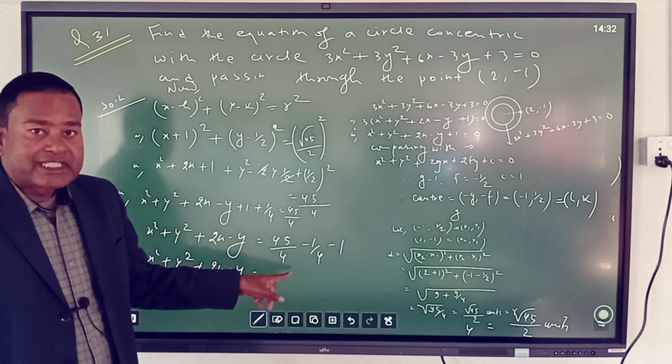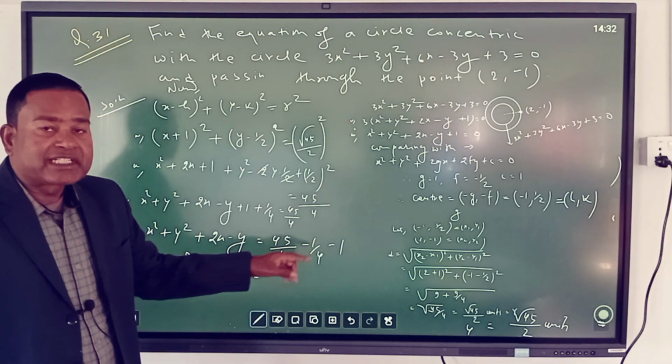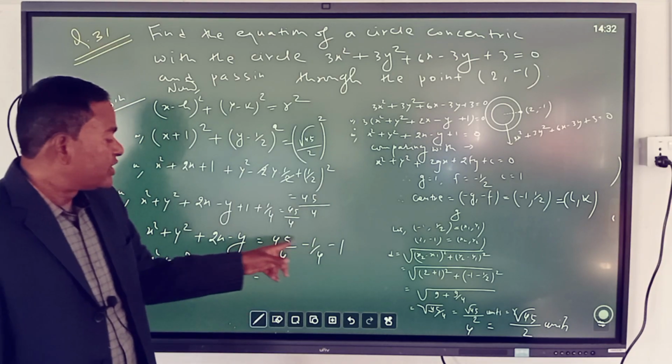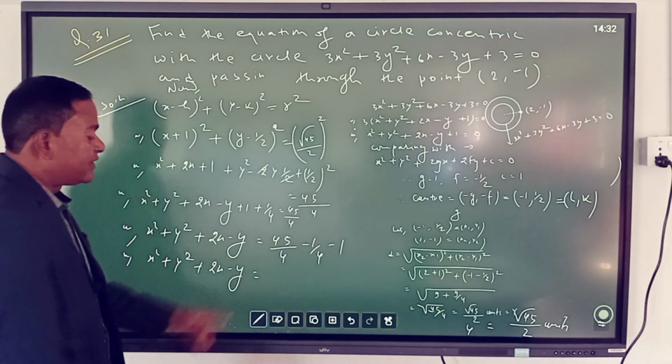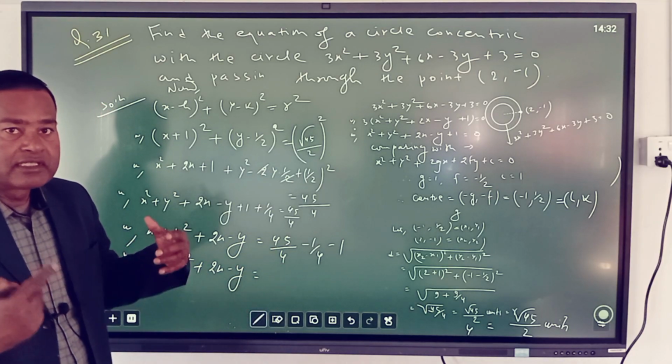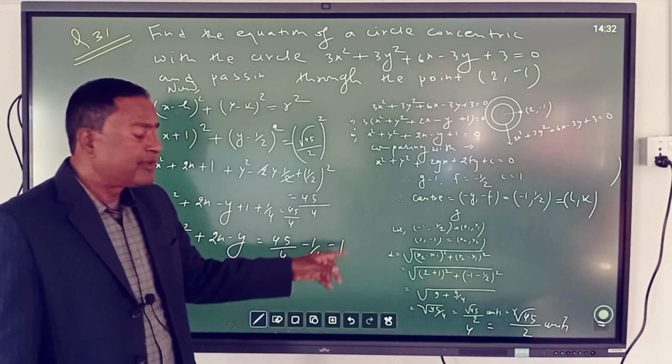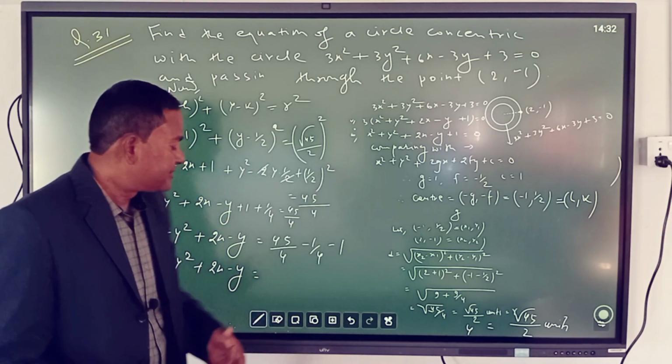Since the denominators are the same, directly we can subtract the numerators. 45 minus 1 will be equal to 44, and 44 divided by 4 will be 11, and 11 minus 1 will be equal to 10.